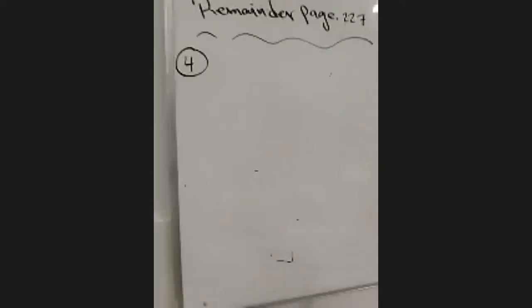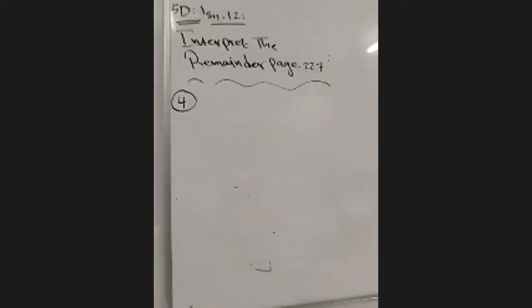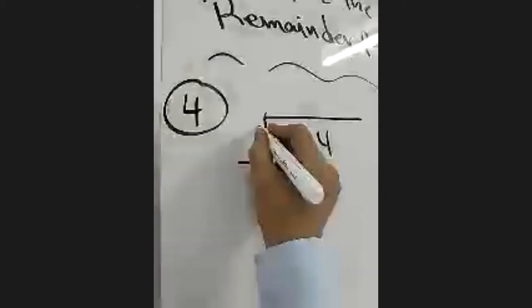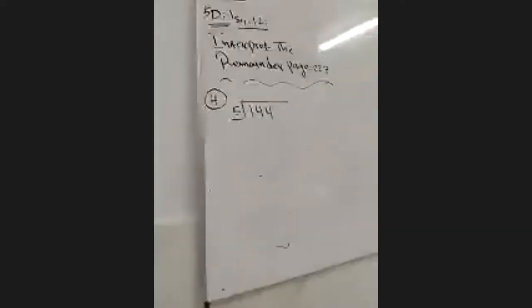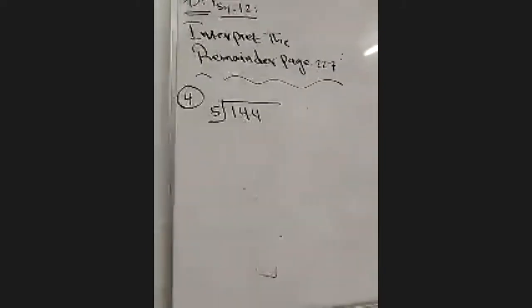Now, what will we do, mister? Divide 144 by 5. Let's make a division. 144, the number of the muffins, divided by 5. 5 divided by 1, we can't, so we take the 4 with it.